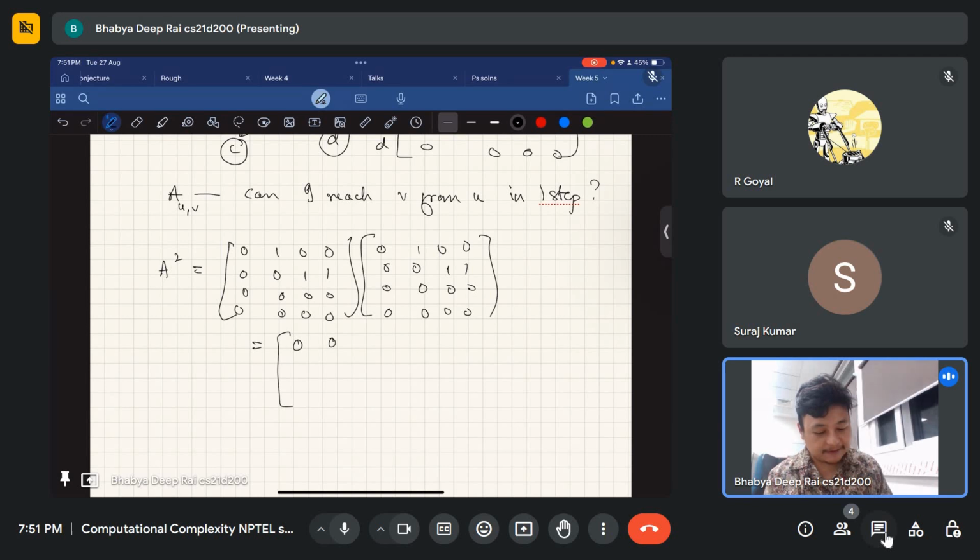The first entry is 0. The second entry is this and this, so that is also 0. The third entry is this row and this column, and now you get a 1. And the final entry is this, and again you get a 1.